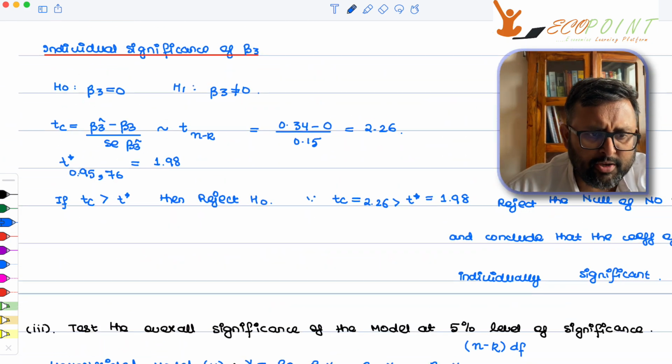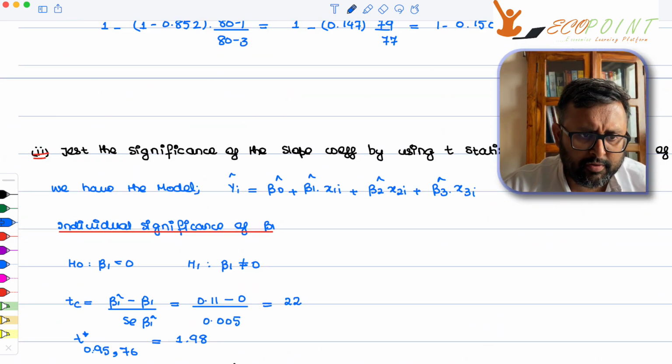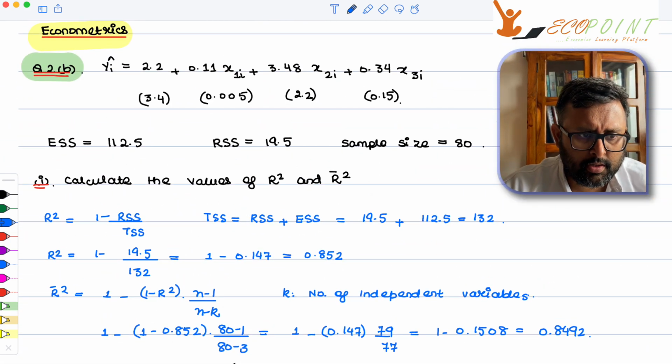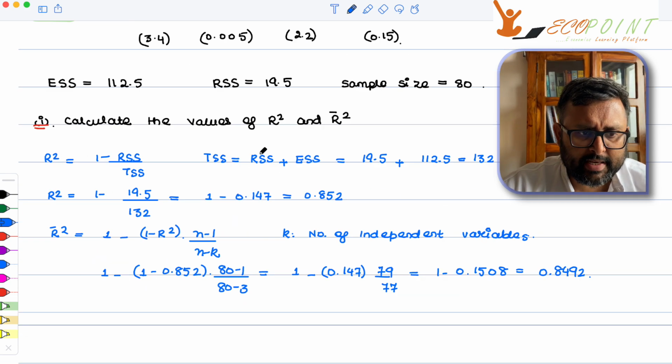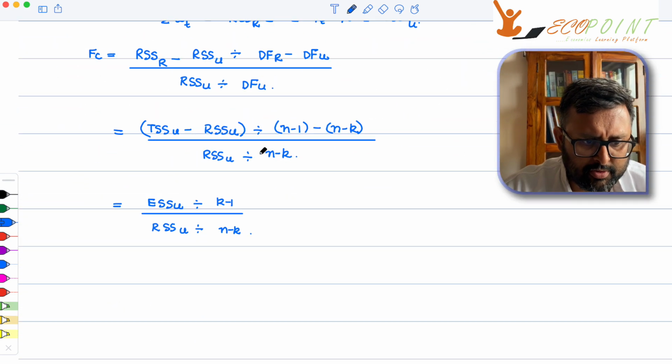So you can put in the values. What is ESSU given to you in the question? 112.5, and RSS is 19.5. Okay, put in the values.